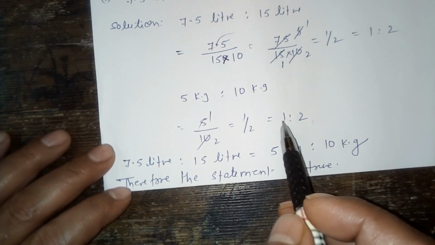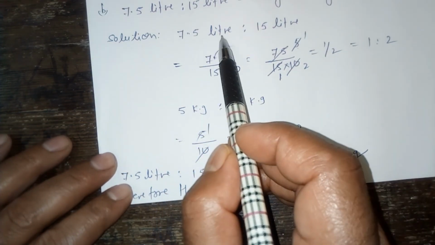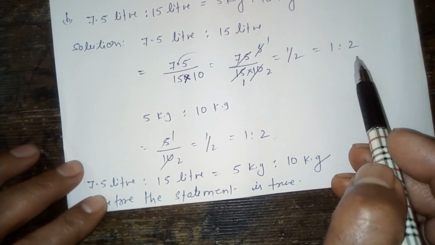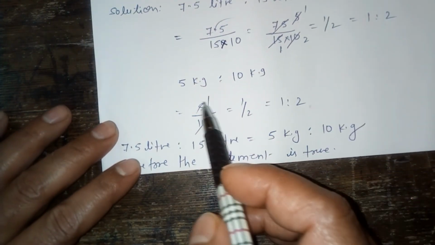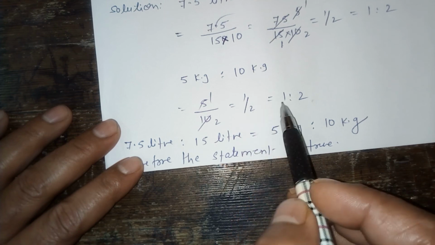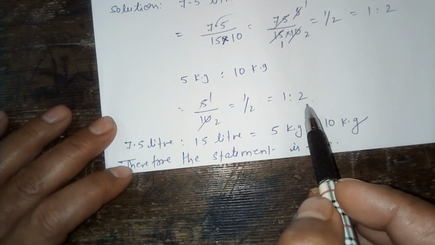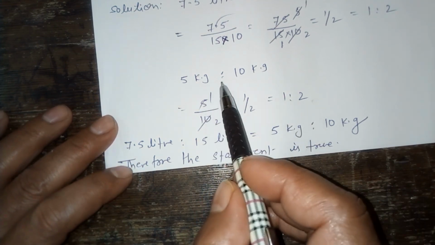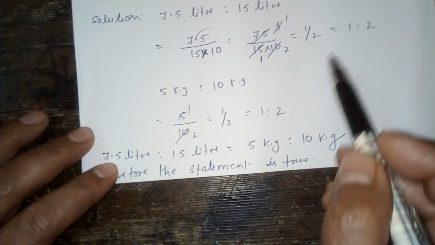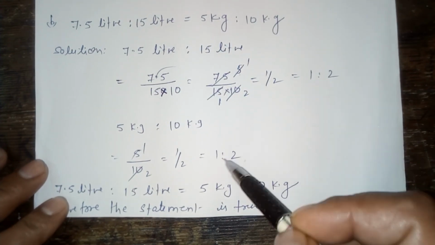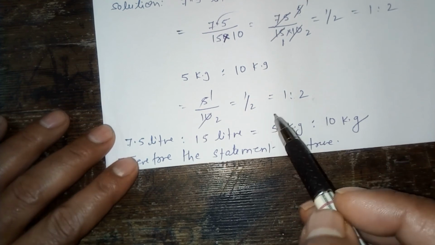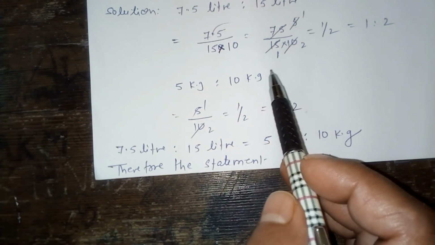As you are looking, the ratio of 7.5 liter is to 15 liter is 1 is to 2, and the ratio of 5 kg is to 10 kg is 1 is to 2. So these two ratios are equal. Therefore the given statement is true.